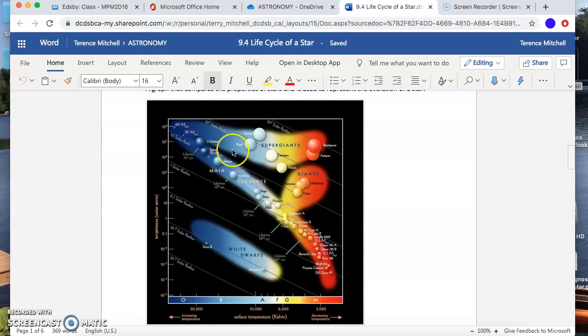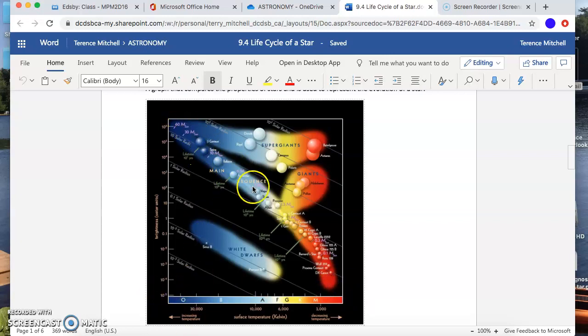Our very big stars are blue in color, and they are very, very hot. Increasing temperature is closer to the origin in this case. This is a diagram, not an actual graph. And over this side, we have less temperature, so cooler here in the red, warmer here in the blue.